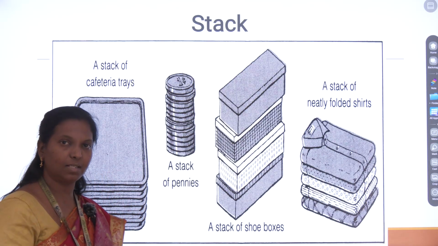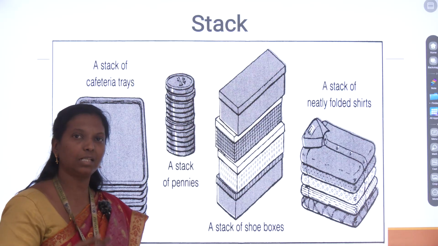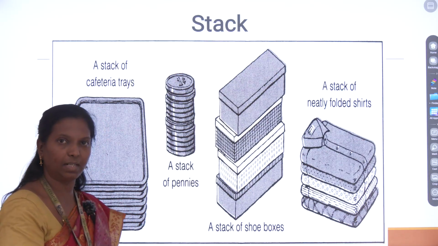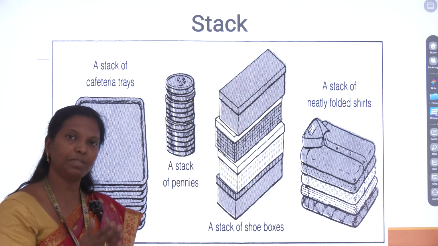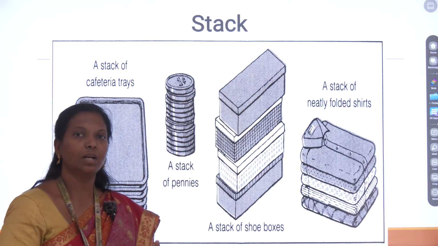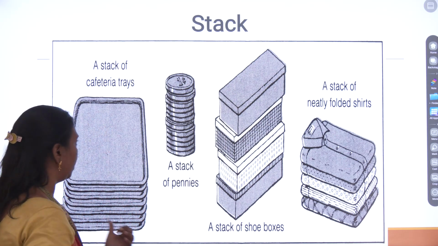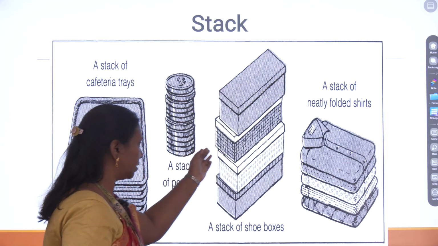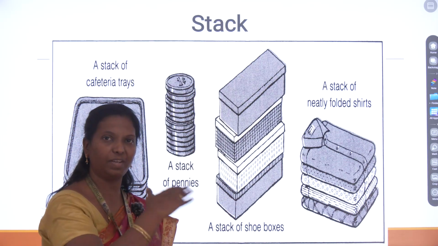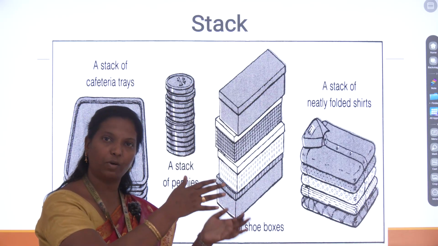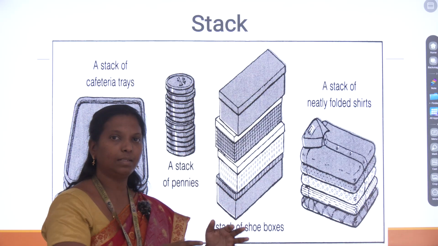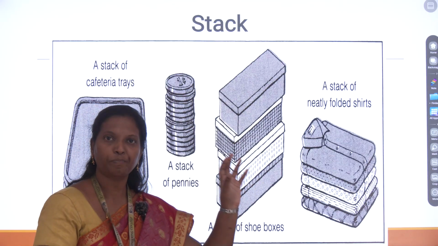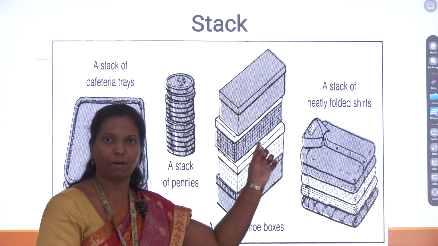When we place them, the platform follows last in, first out, because I cannot remove trays from the bottom; we should take them from the top. In such scenarios we should definitely use the stack. The second example is a stack of pennies, and the third is boxes. When we arrange boxes, they should follow the stack order, because the bottom boxes cannot be removed first. The last one placed should be removed first, so the last in, first out approach applies here.